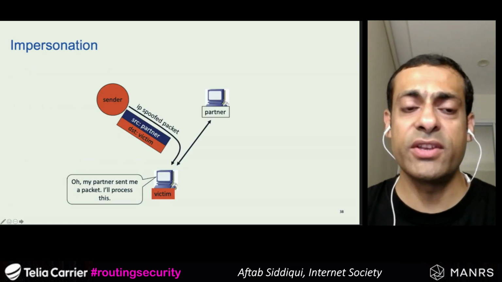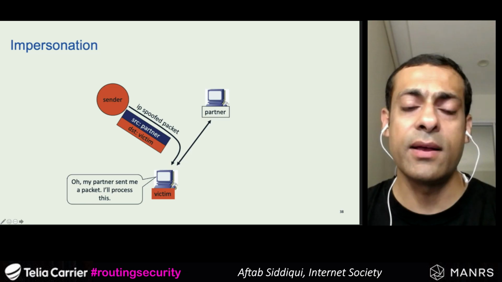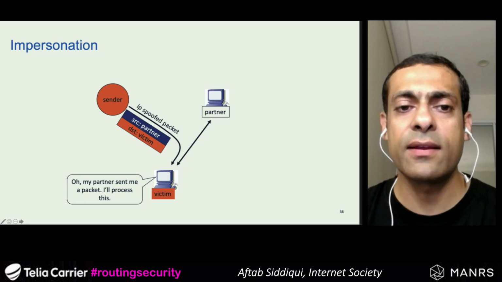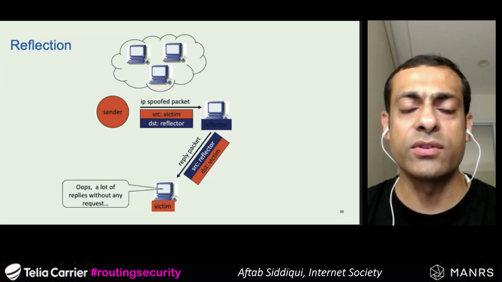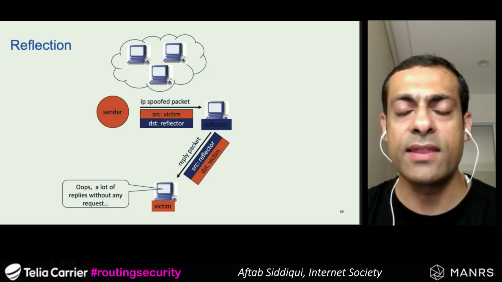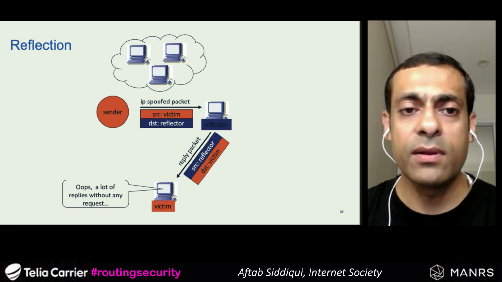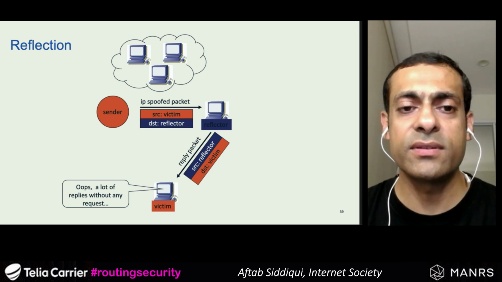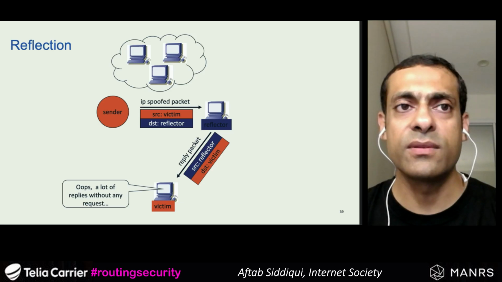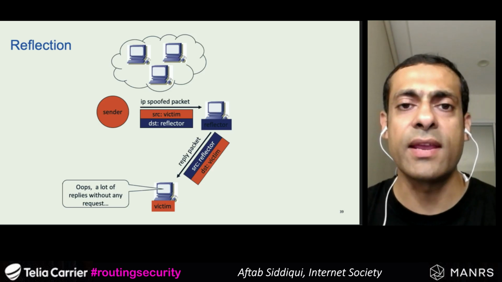So this is the impersonation attack I was talking about. You can put a fake source address, and of course, it will inundate the victim. And if you can do the reflection with multiple sources, then of course that will create a DDoS.